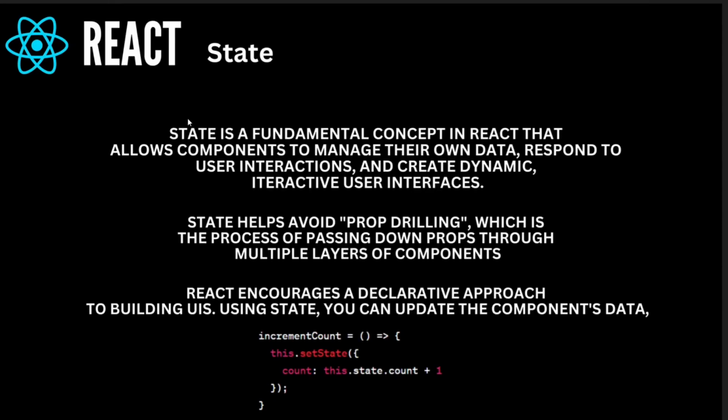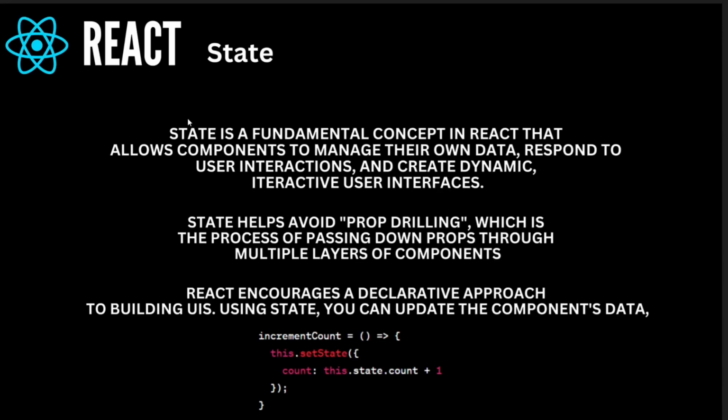State is a fundamental concept in React that allows us to manage our components and allows the components to manage their own data. It helps users interact dynamically, creating interactive user interfaces, and it helps the components react to user interaction.